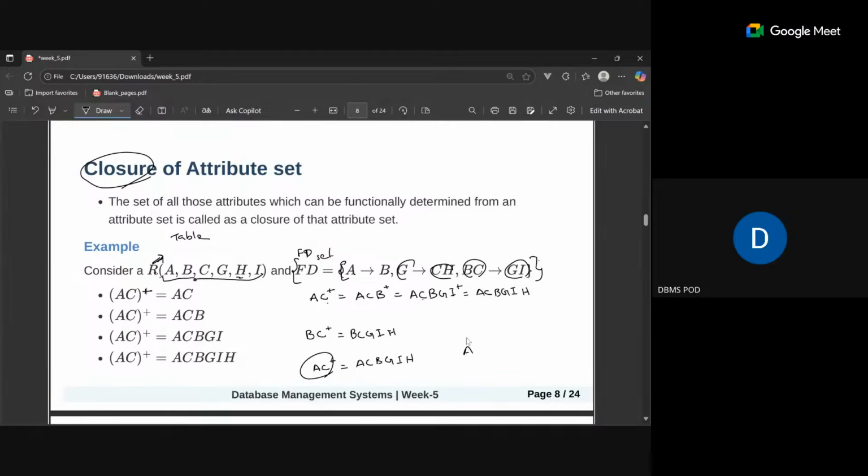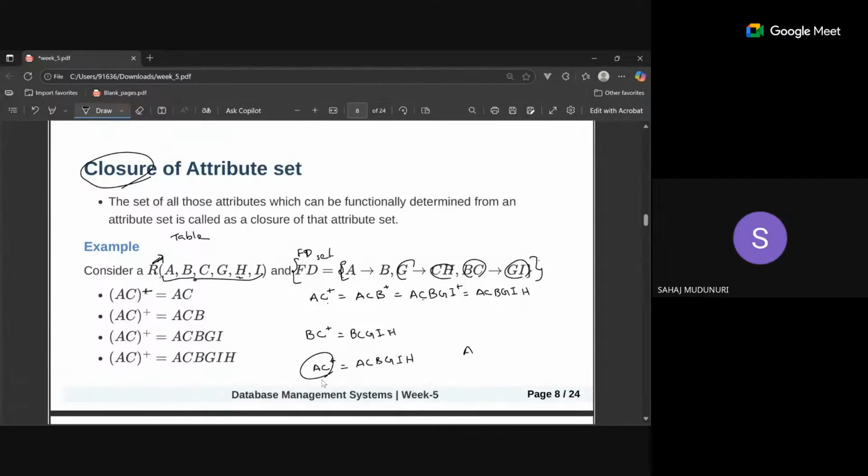That's what we typically say. Is it both A and C, not only A, not only C? Yes, both. We are taking closure for both, not individual.